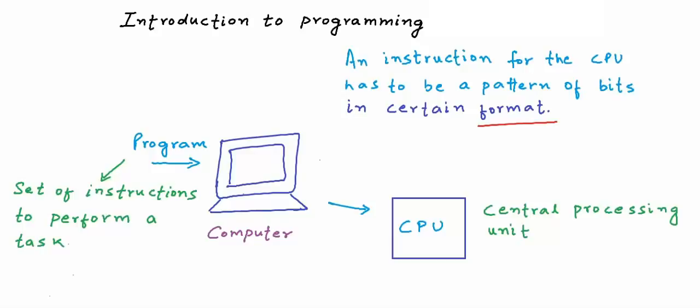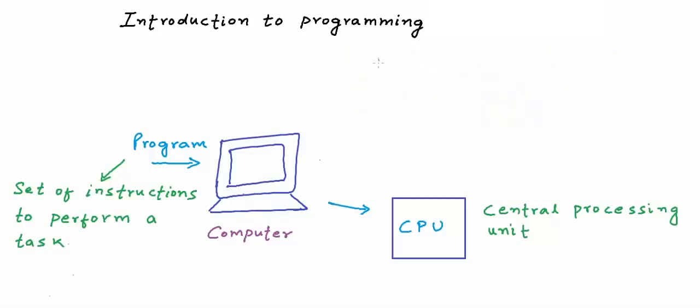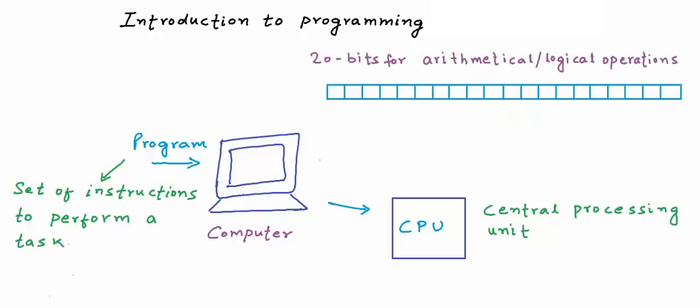For example, specification can be that any instruction to perform an arithmetical or logical operation must be in 20 bits. Let's say the cells in the figure that I have drawn here are bit positions in a binary number. Now specification can be, and this is just an example, that out of these 20 bits, first 4 bits or leftmost 4 bits must be a binary code for the operation that you want to perform.